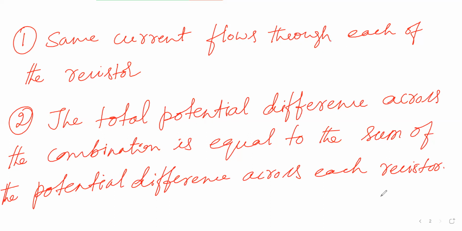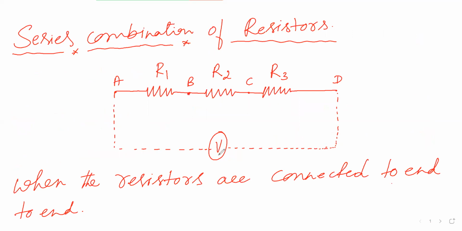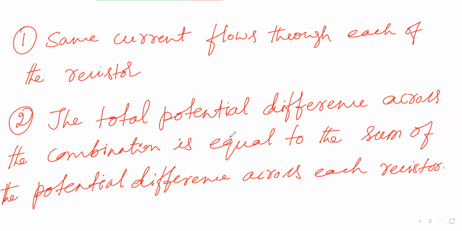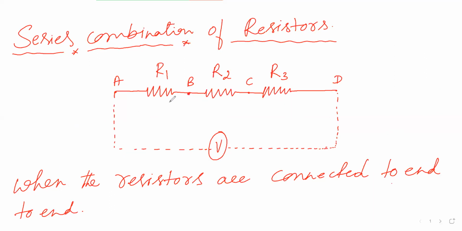Here the same current flows through each resistor, and the total potential applied here is V. Across the combination it is equal to the sum of the potentials across each resistor. So the potential is divided across each resistor. Across R1 the potential is V1, across R2 it is V2, and across R3 it is V3.